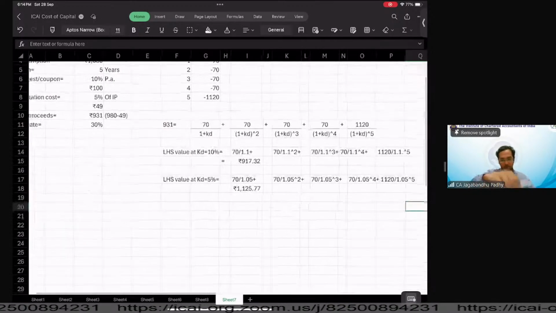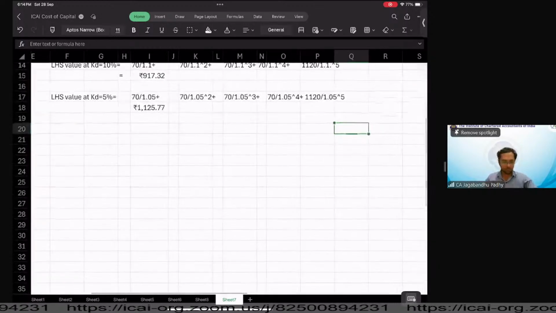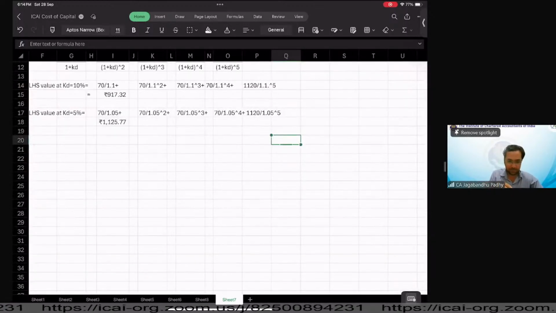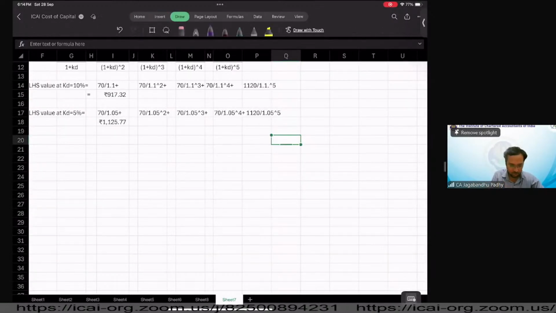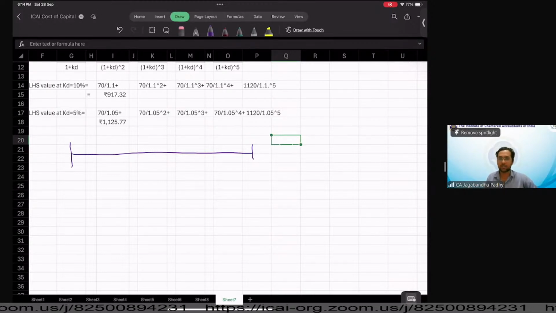Guys, now going for the IRR or the YTM method. As we have seen, we simply draw a diagram to understand it. How can we calculate cube root? I'll do that for you in the last part of our session.